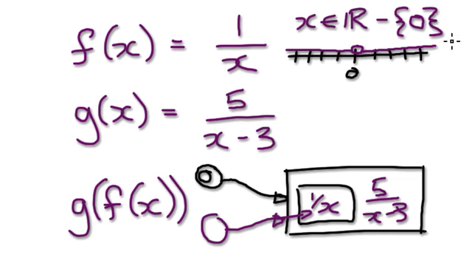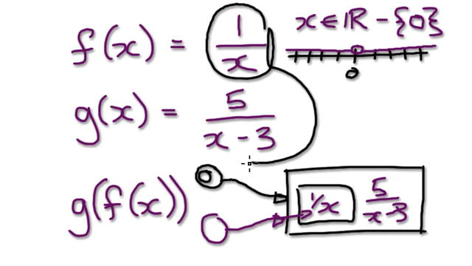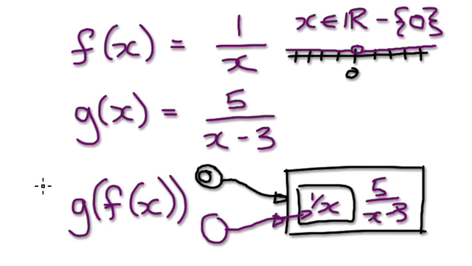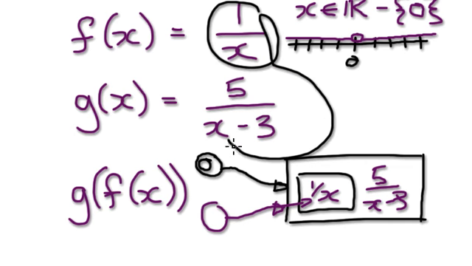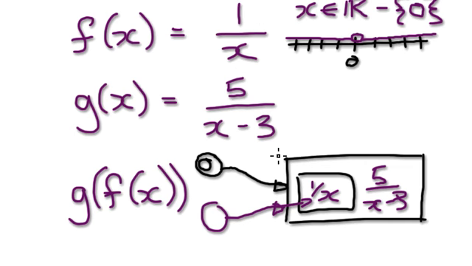You can select x to be anything on the real number line except for the one element 0. Now, looking at the outer function, remember we are going to bury the inner function into it. When you bury 1 over x inside g, what you've get is 5 over 1 over x minus 3.